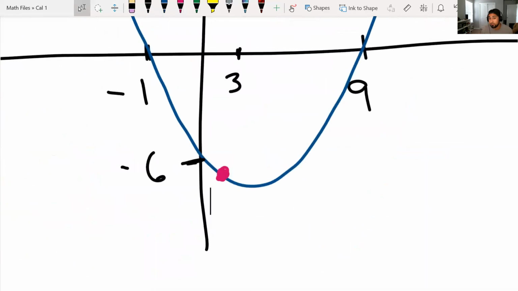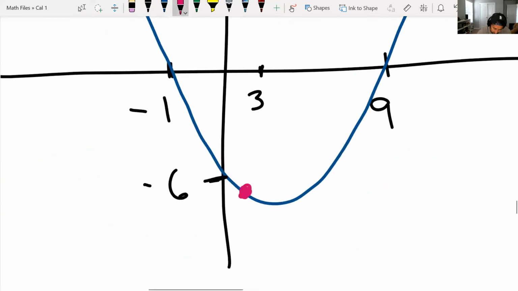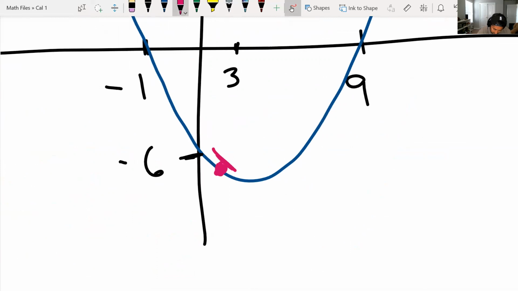I'm sure my graph is off a little bit. I'll throw it up on Desmos just to do a better graph. The slope at this point is negative 2. Since we have this point and a slope, we can find the equation of the tangent line.